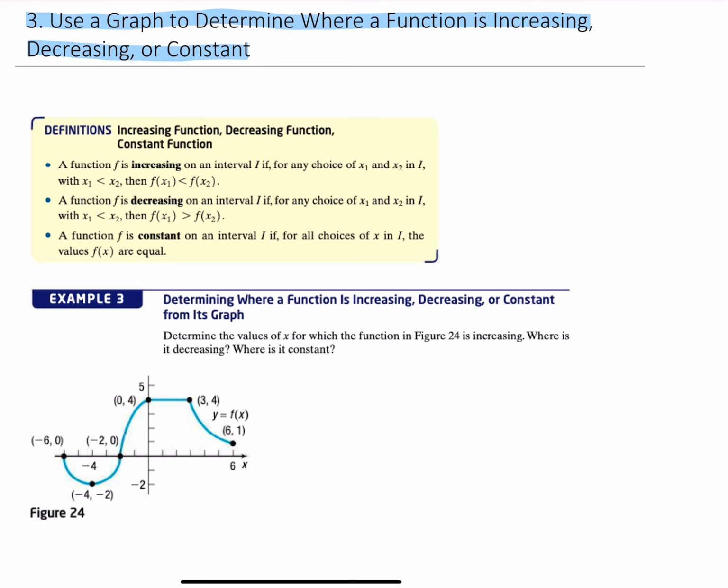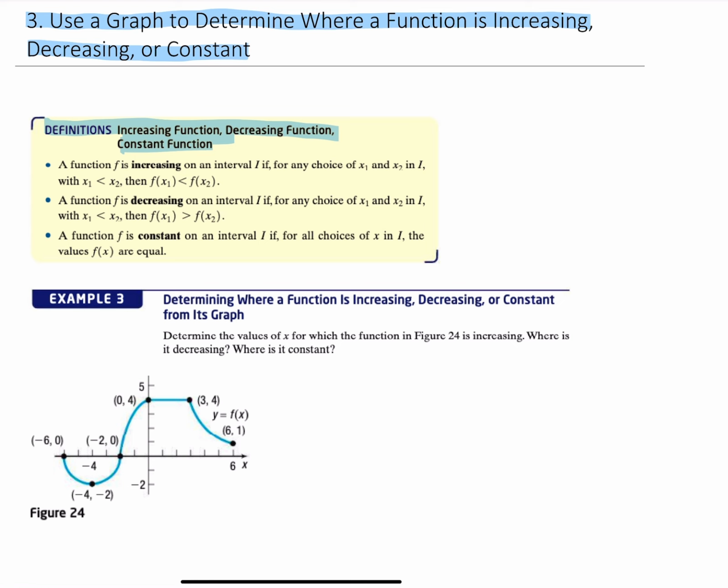So a couple of quick definitions. The first one says a function is increasing on an interval I if for any choice of x1 and x2 in I, with x2 being greater than x1, meaning it's farther to the right, the output of your second x is greater than the output of your first one.